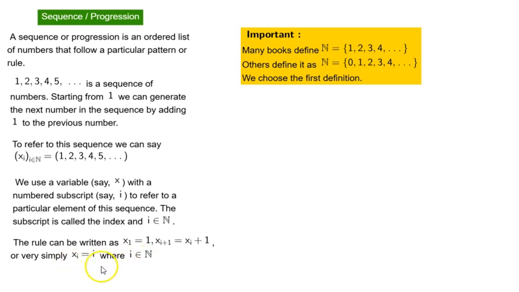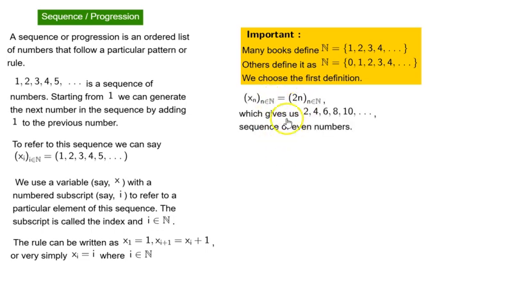So basically we are listing the natural numbers, and we are using natural numbers to refer to the elements in this list of ordered numbers.